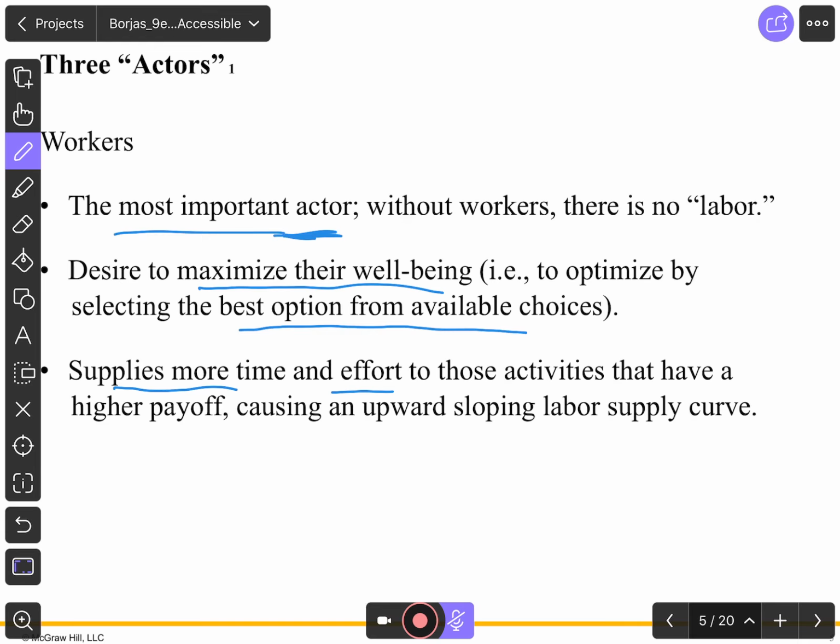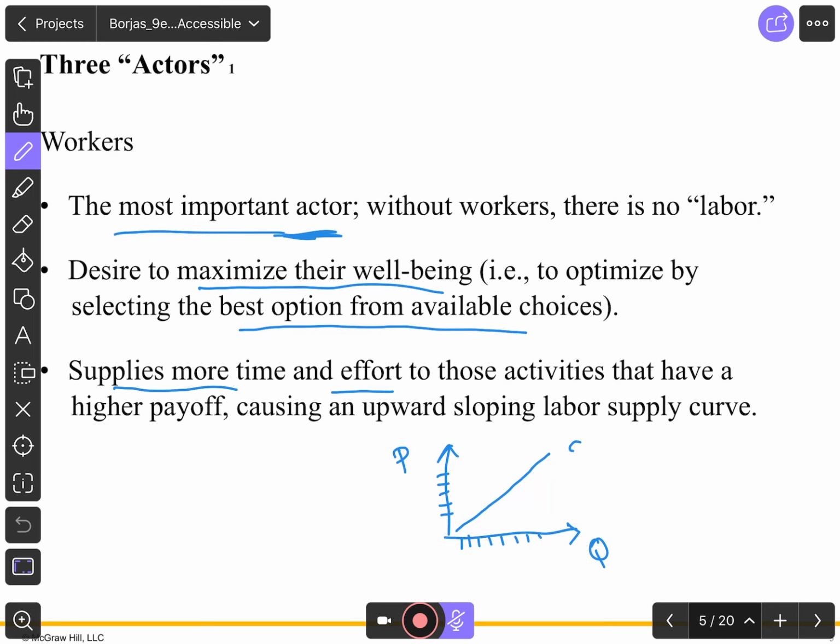So whenever I'm talking about a supply, you already know from the Introduction to Economics course that this is the quantity and this is the price. And the prices, different prices and different quantities. As the price increases, the quantity increases if you are a supplier.